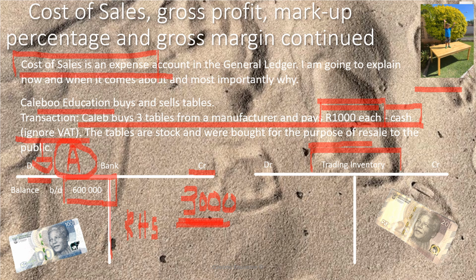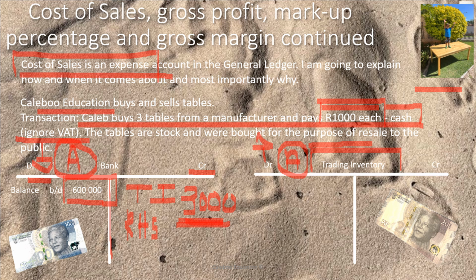The contra account, as I've explained before, to bank in this transaction is trading inventory. You will need to write that out. And then the account bank was credited. Trading inventory is an asset. The value of our asset trading inventory has increased.